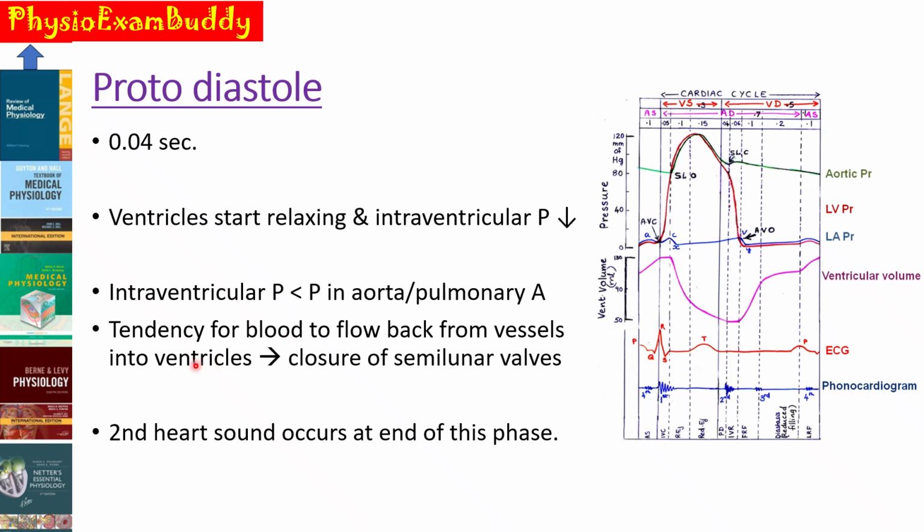There is a tendency for the blood to flow back from these vessels into the ventricles. But this flow is responsible for the closure of the semilunar valves, and thus the second heart sound occurs at the end of this phase. So the second heart sound you have to draw at the end of the protodiastole. Now what happens to the volume? Not much change in the volume.